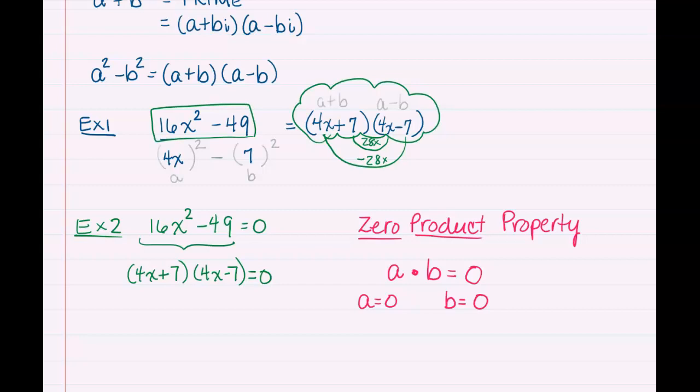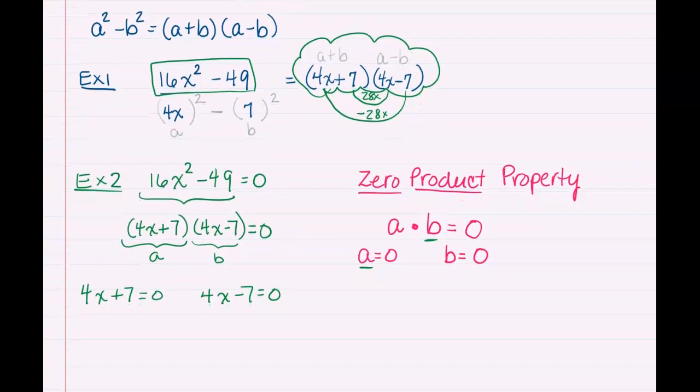So using the zero product property, if I think of this as my A being multiplied and this as my B being multiplied, then we can say that 4x plus 7 is equal to 0 or 4x minus 7 is equal to 0.